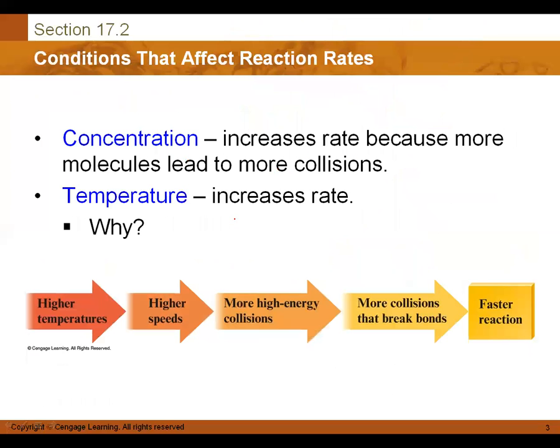So let's talk about the idea of concentration and temperature. Again, concentration typically will increase the rate because more molecules would lead to more interactions and more collisions occurring. As I drew on the last page, increasing that concentration, like in a beaker, you have a very high concentration.